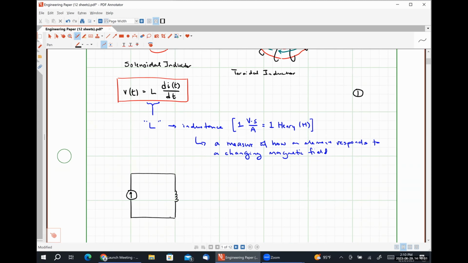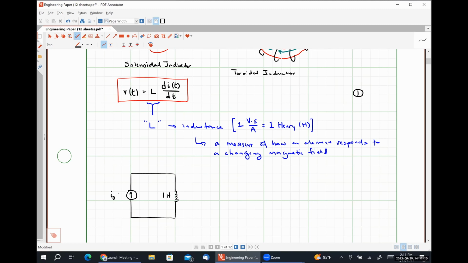It looks similar to a spring, and inductances and springs are analogous to each other in mechanical and electrical systems. Let's say that we have some inductance here, L, and for the sake of argument, let's make it 1 Henry.